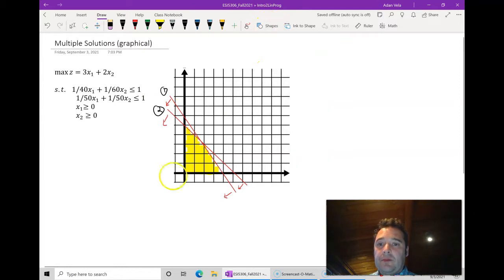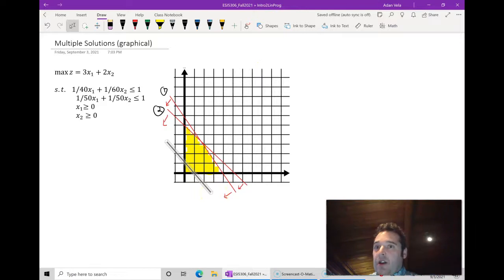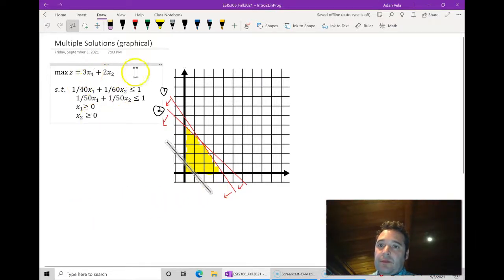So let's draw in our isoline. We can figure that out a few different ways, but I think the easiest way is we know x2 has to go through 2 here, and this is going to go through 3 on the y.